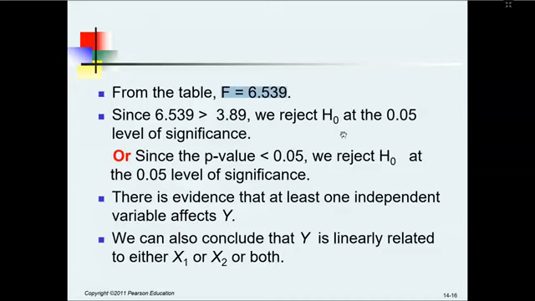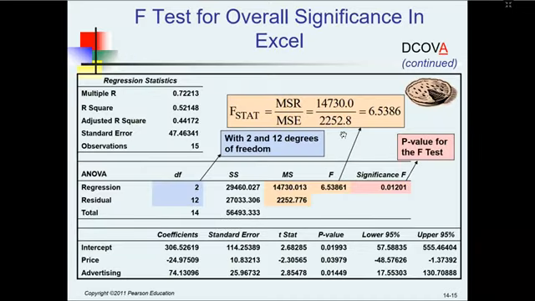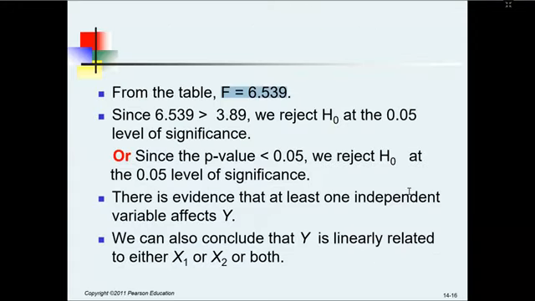Or we can say that because the p-value, where's the p-value? This one. Because the p-value here is smaller than 0.05, it will also lead to the rejection of H naught. So a small p-value leads to the rejection of H naught. You can also use the p-value when it is given in the table to draw your conclusion.